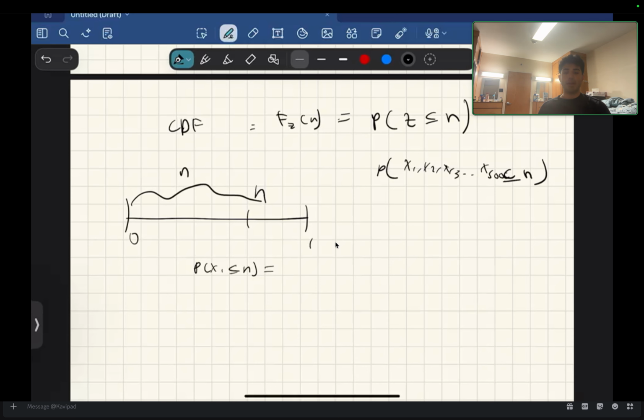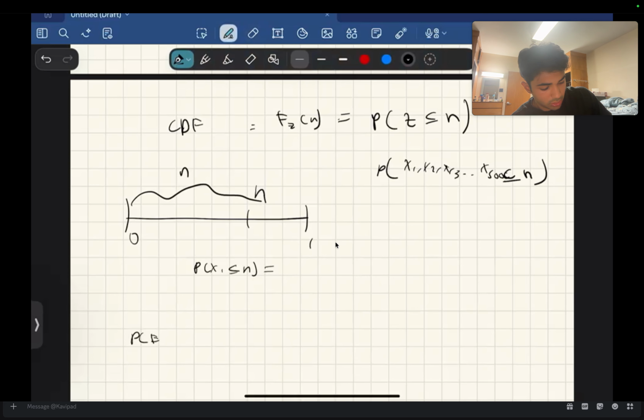And n represents the portion of 1 that's allowed. A probability of an event is generally the probability of success over total.